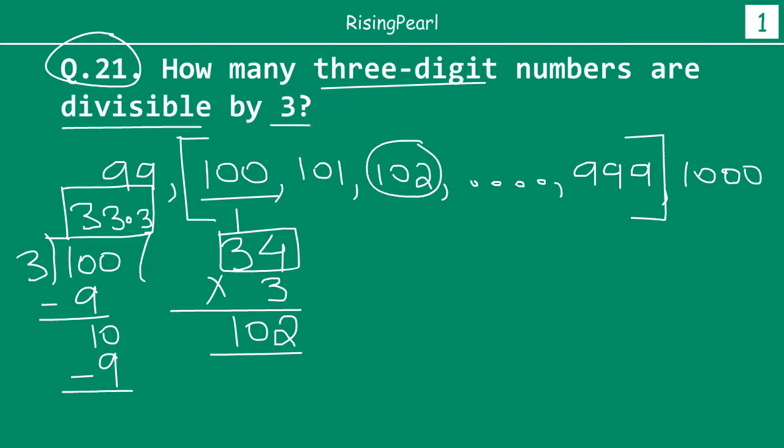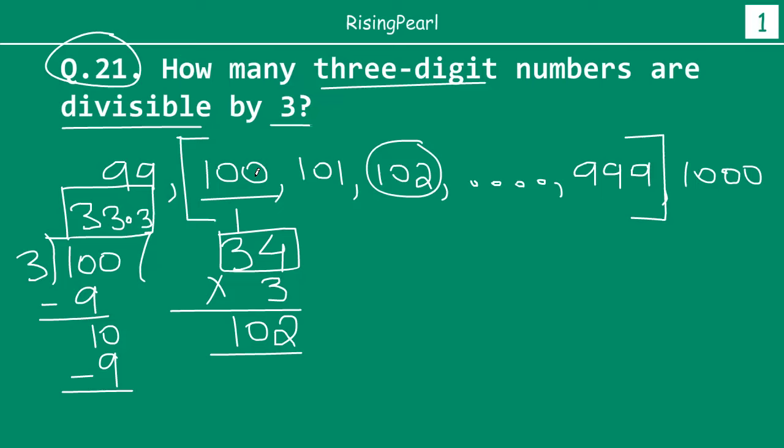I want you to make sure that you follow this point. If you are not following it, please pause the video, rewind and play back and see exactly what we are doing. Very quickly again, we took the smallest three-digit number and divided it by 3, because the question is divisible by 3. We divide 100 by 3 and get 33.3, which tells us 100 is not divisible by 3.